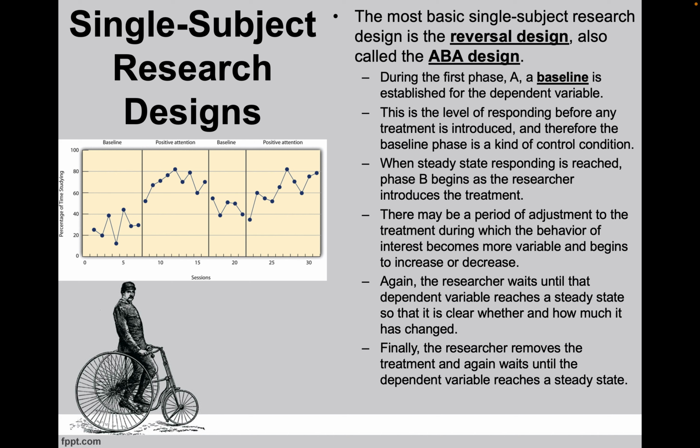There may be a period of adjustment to the treatment during which the behavior of interest becomes more variable and begins to increase or decrease. Again, the researcher waits until that dependent variable reaches a steady state so that it is clear whether and how much it has changed. Finally, the researcher removes the treatment and again waits until the dependent variable reaches a steady state. ABA.